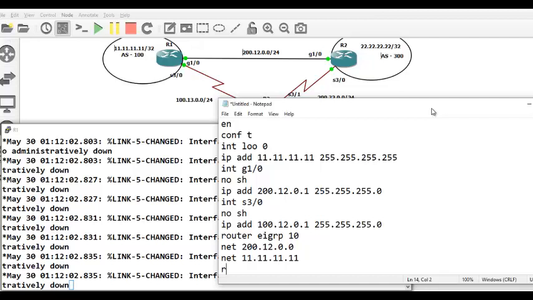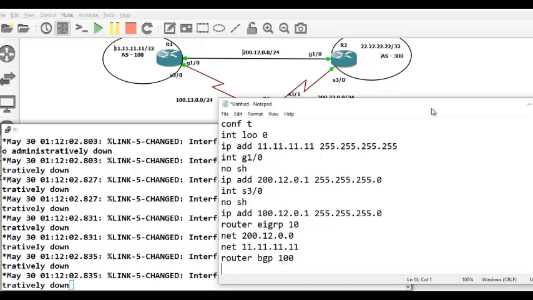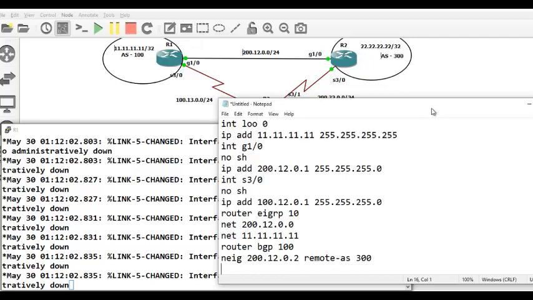Also, I'll say router BGP 100, neighbor 200.12.0.2, remote AS 300. The network I want to advertise is the same 11, with the mask. In EIGRP I have to say no auto-summary.